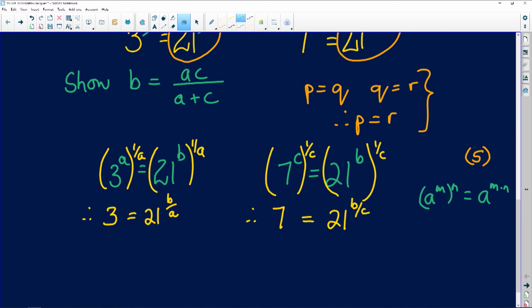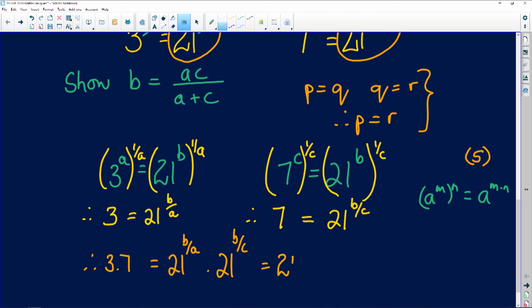Now, if I take this 3 and I times it with that 7, I'm going to change the color. 3 multiplied by 7. Okay, then what does that give me? That gives me a 21. Now, what is that? Well, it is this 21 to the B over A that's multiplied by 21 to the power of B over C. And over here, I'm multiplying like bases.